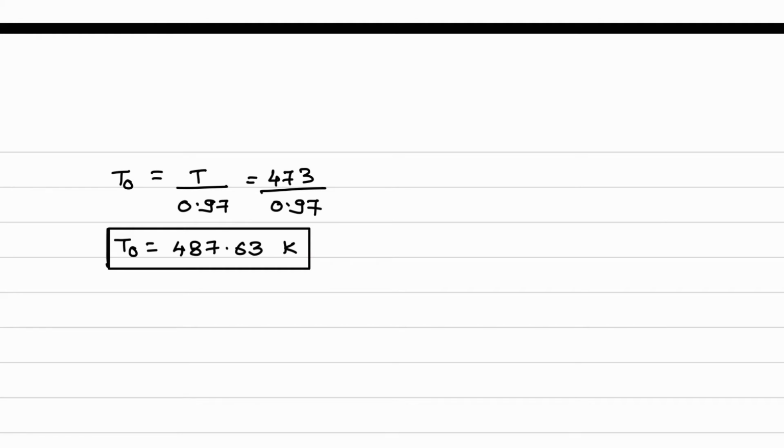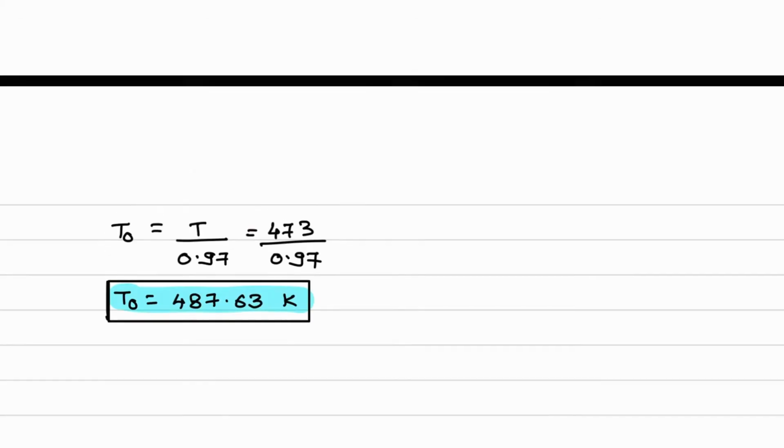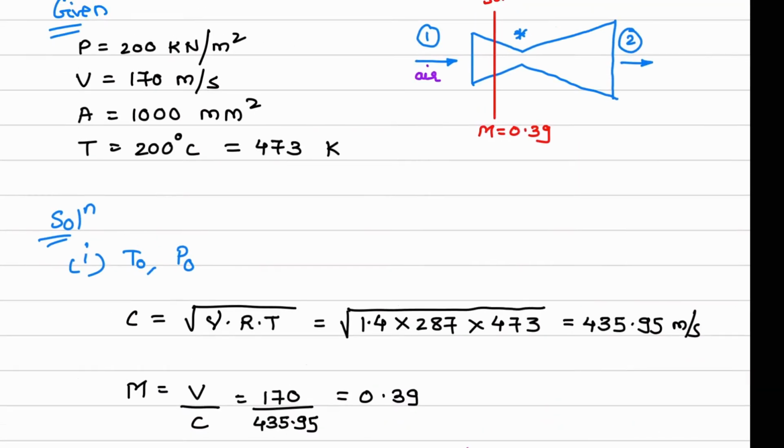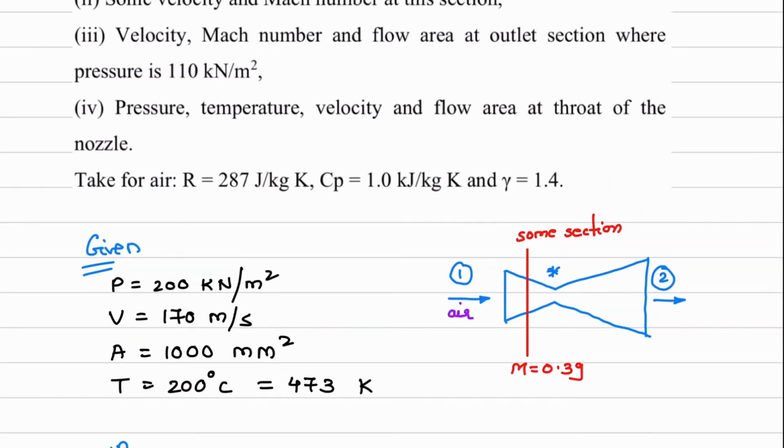Okay, this is the answer, so I'll highlight it. Then the second question was stagnation pressure. So P0 will be equal to P upon 0.9. What is the pressure value given in the question? It is 200 kilonewton per meter square.